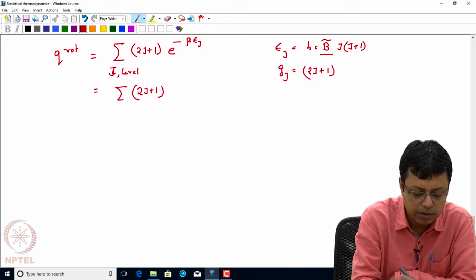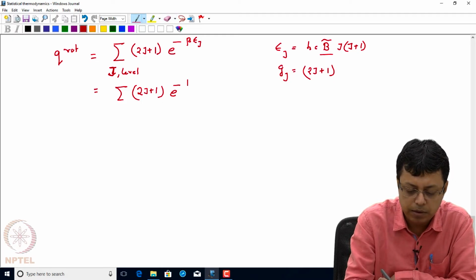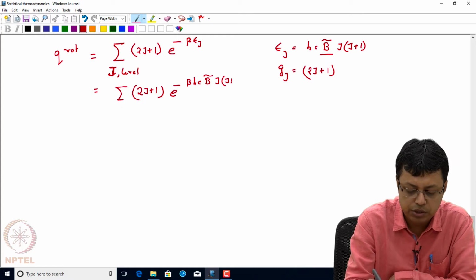So I'm summing over J now because I've changed the index, and the exponent will be minus beta hc B̃ J(J+1).